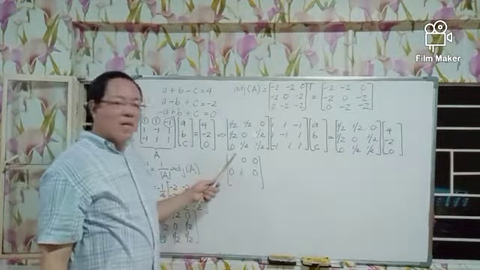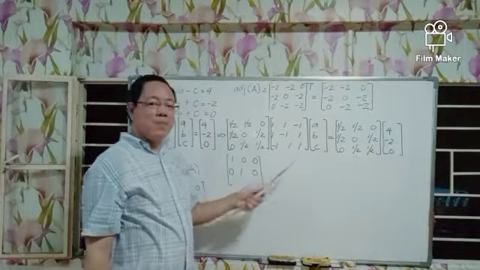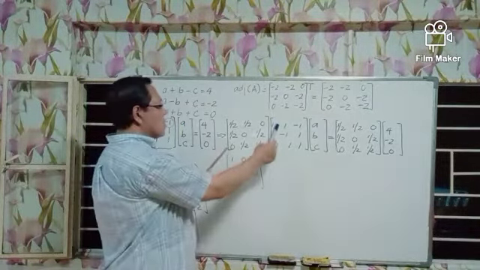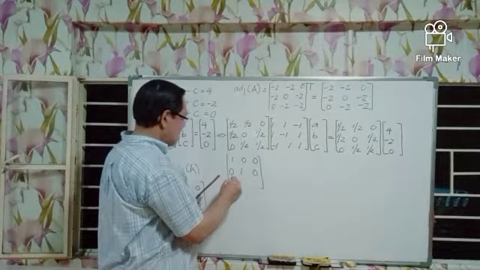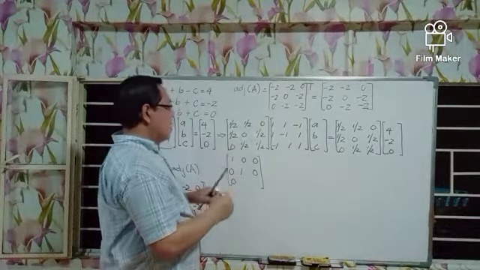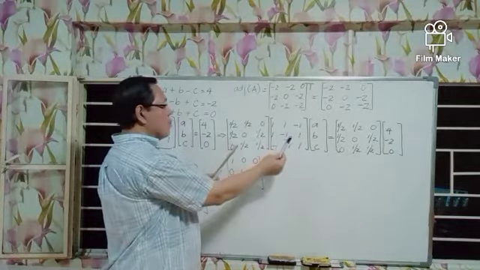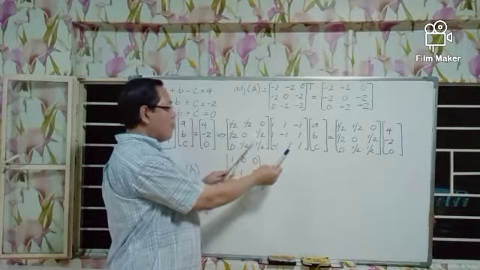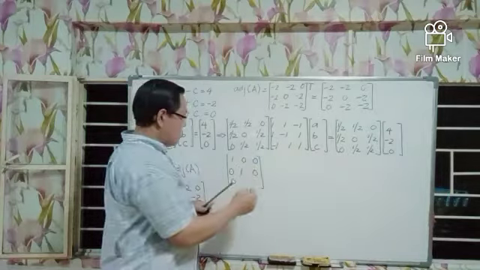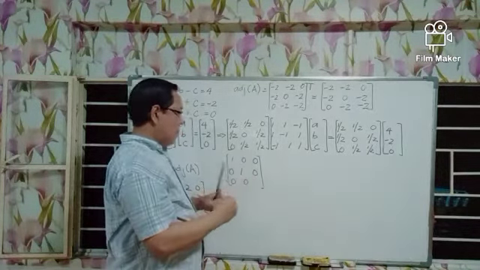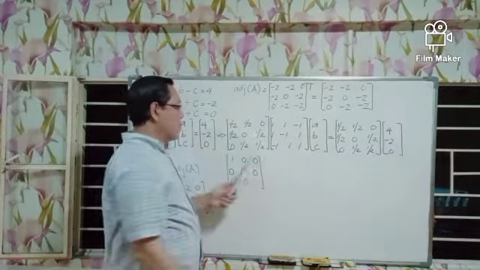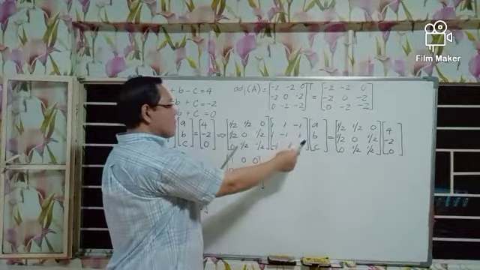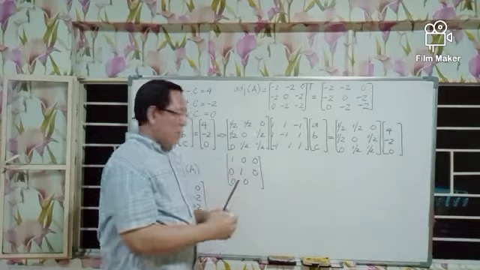Now we multiply the last row by each column. We have 0 plus 1/2 minus 1/2 is 0. 0 minus 1/2 plus 1/2 is 0. Multiply now the last row by the third column. 0 plus 1/2 plus 1/2 is 1.